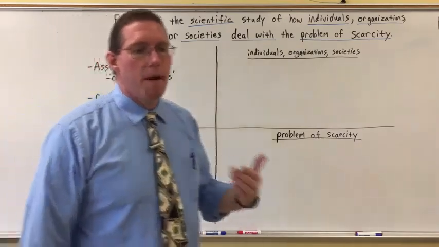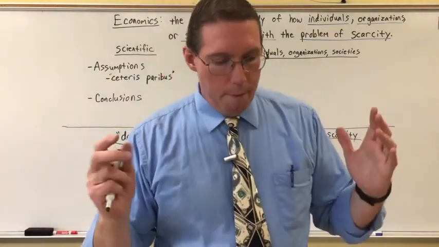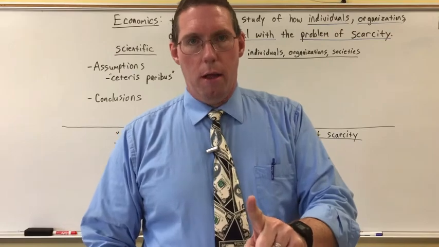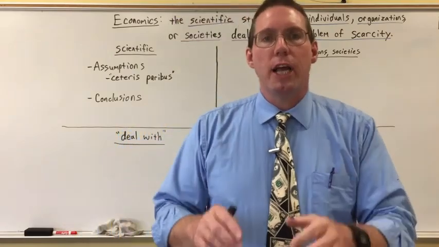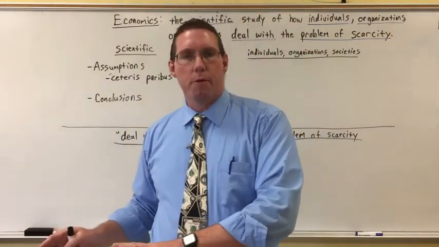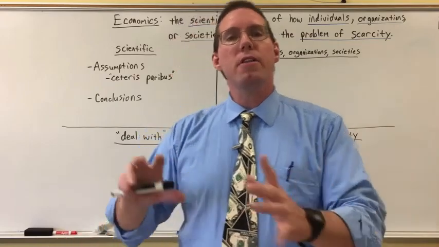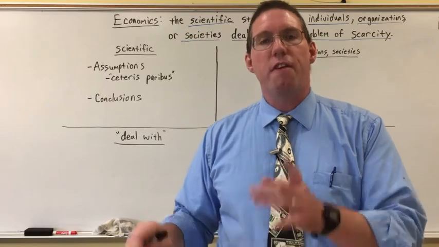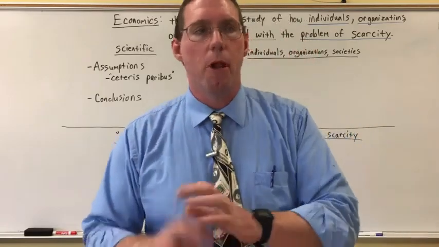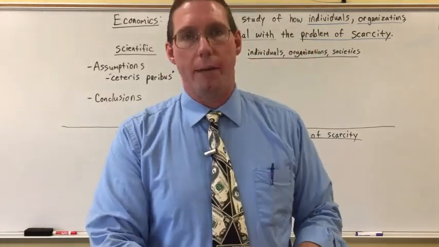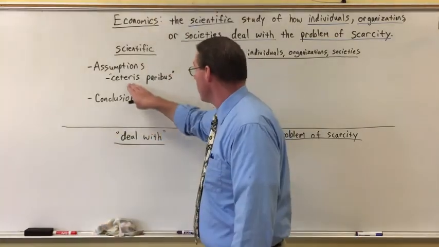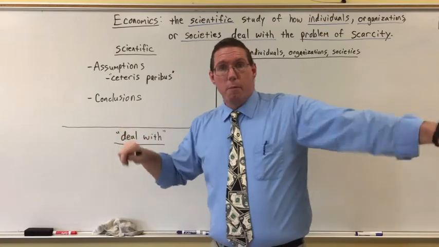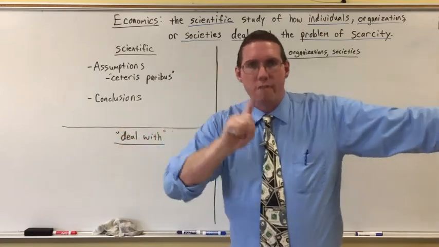Ceteris paribus basically means to examine one variable by not changing any of the other variables. You are holding everything else constant so that you can isolate the effects of a single variable on some other phenomenon. Okay, so ceteris paribus says that we're isolating all other variables so that we can examine one variable that's changing.